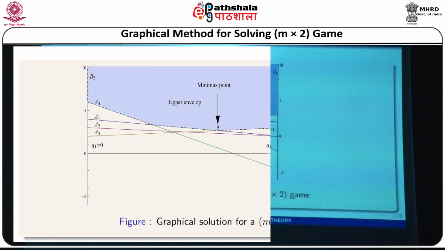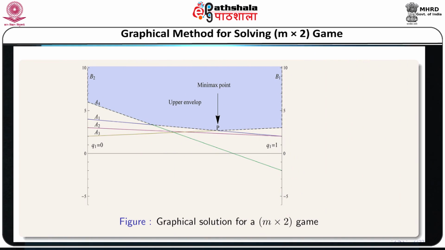Then we draw two vertical lines unit distance apart, and we draw the line segments for the expected payoffs of player B for the pure strategies of player A, where player A uses the pure strategies A1, A2, A3 and A4.